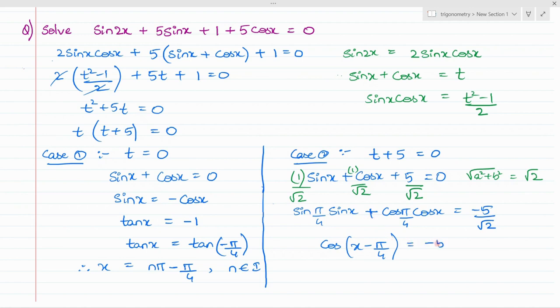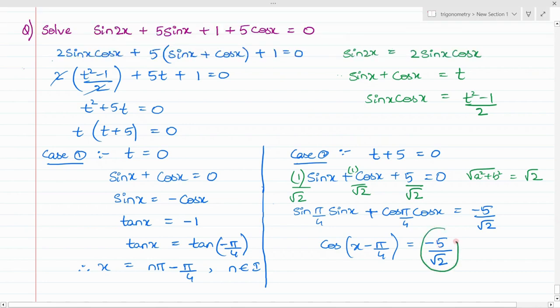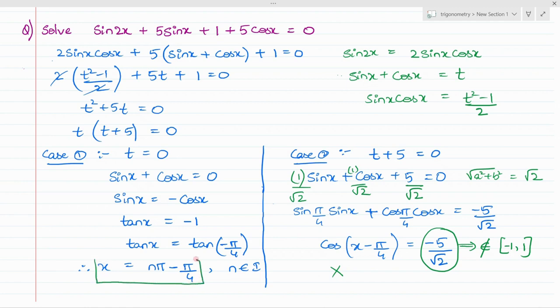And here, if you see on the RHS side, this value does not belong to the range -1 to 1. So this case is rejected. It is not allowed. So the general solution for the given question is x is equal to n pi minus pi by 4.